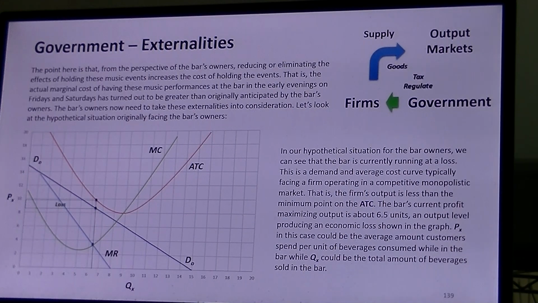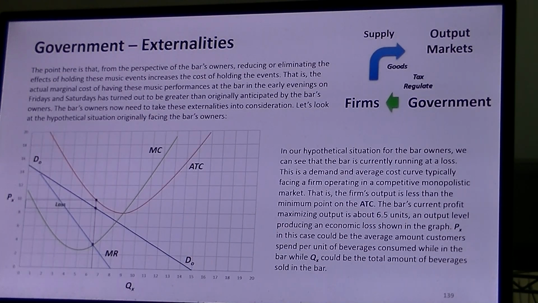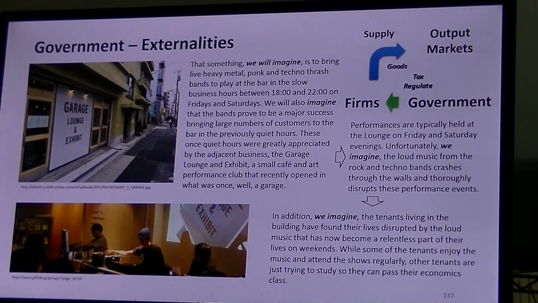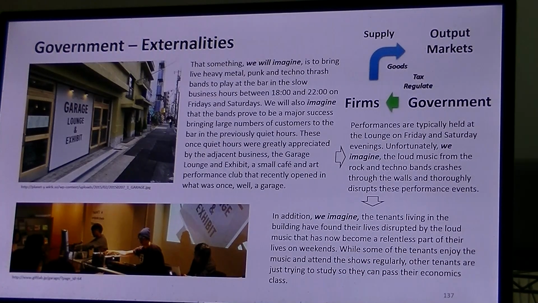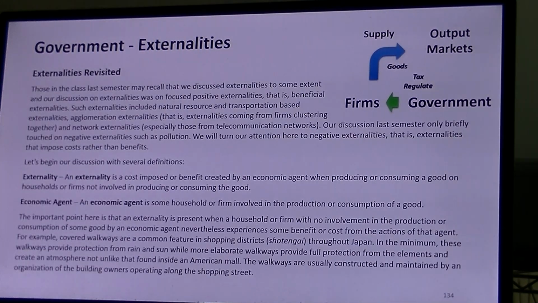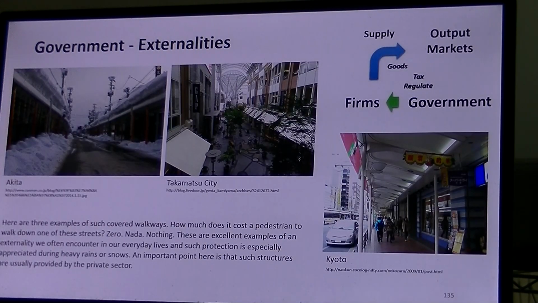I'll send this along. Please go over this. I'm going to make a few changes to the lecture notes that I've presented to you here. But please go over this externality section. We'll introduce this topic.